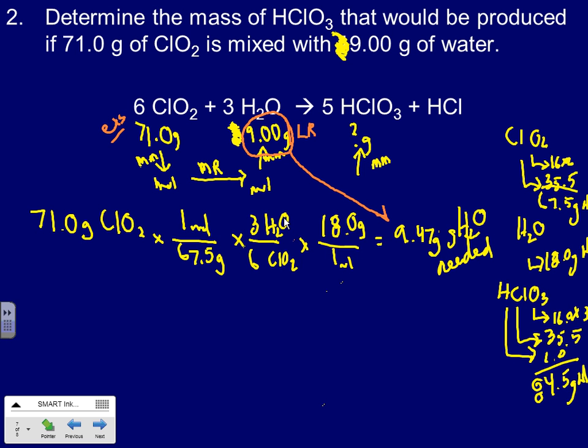Now, the reason that I wanted to use this is because this came up in the morning class. Now that this one's limiting, I'm using 9 grams of water because that's what I have to answer the question. Some people were confused and wanted to use this number.